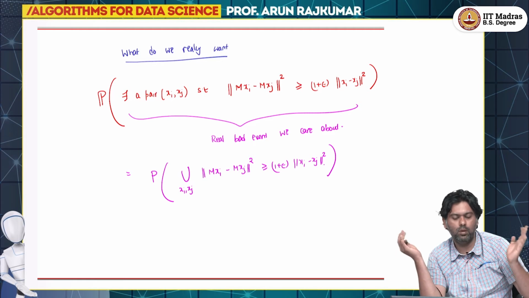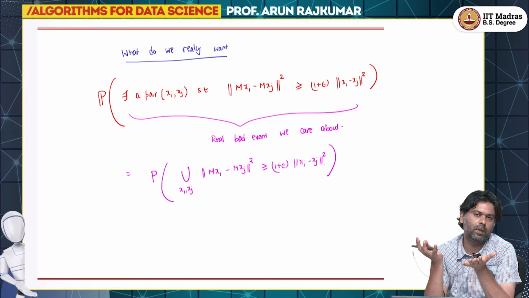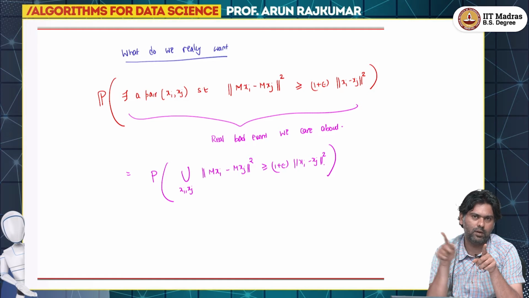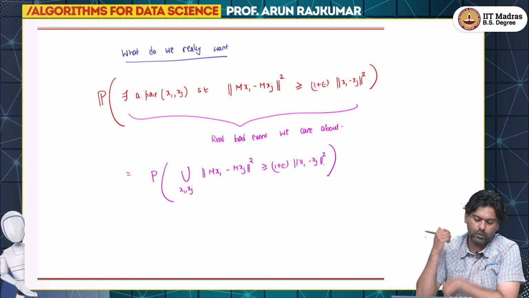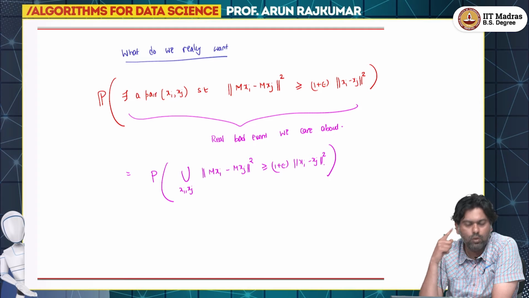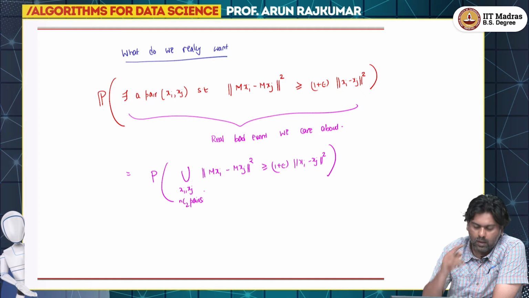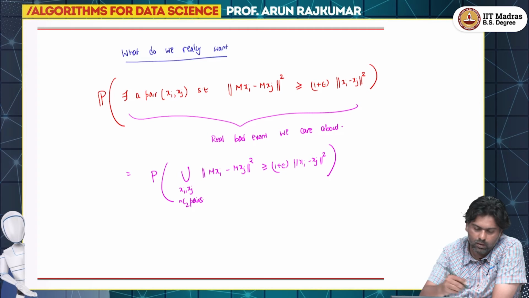I want the union of all these bad events put together to be the bad event for me. So I am going to think of these pairs as separate vectors, so every pair is a different vector, and I ask about the chance of the union over all n choose 2 pairs.